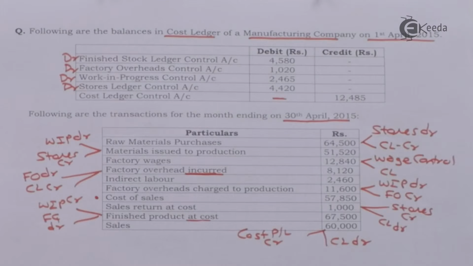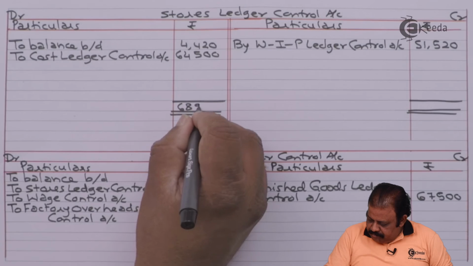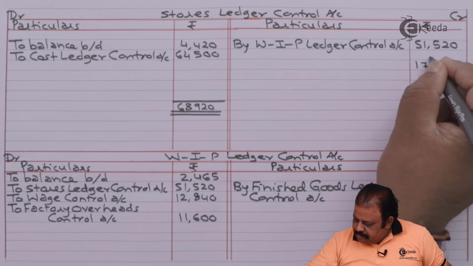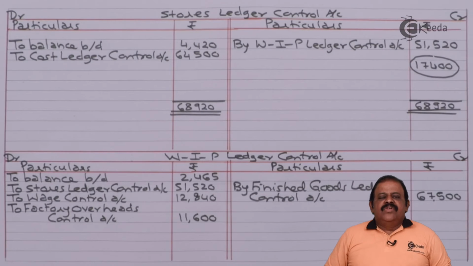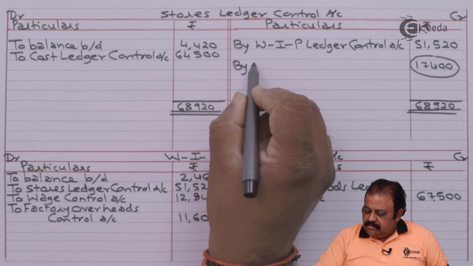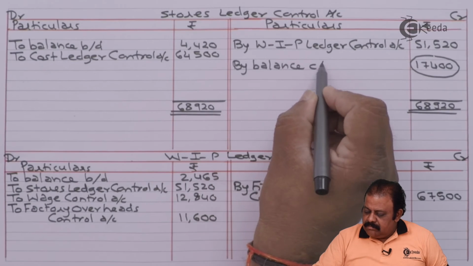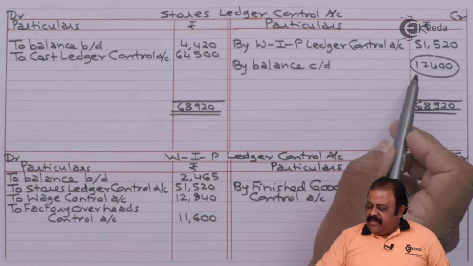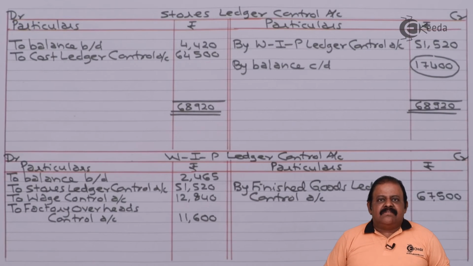We have recorded most of the information given in the question. Let us go for now closing all ledger accounts. So in the stores ledger we are getting a balancing figure on the credit side. This is the closing balance of stores, which will be then transferred to trial balance.